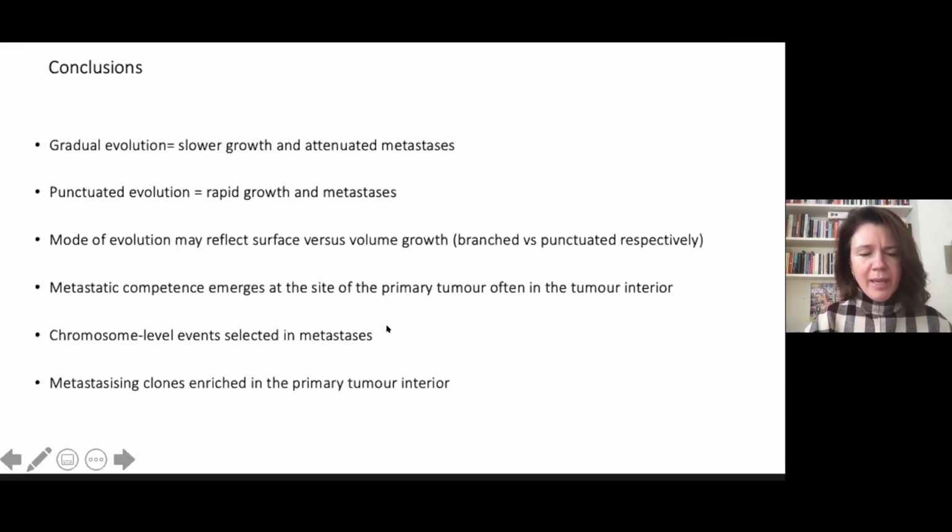And this perhaps makes sense considering, again, shown beautifully in the previous talk, the entire metastatic cascade and the many different phenotypes that are required for metastases to form. That chromosomal level events, which will affect the gene expression of hundreds of sites, may well be what's required to achieve that multitude of phenotypes.